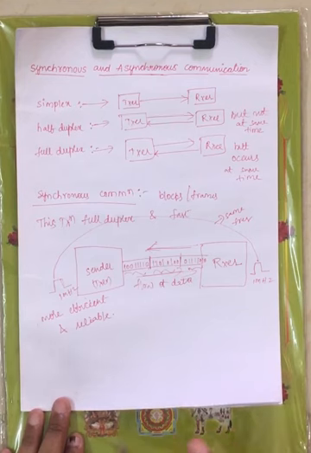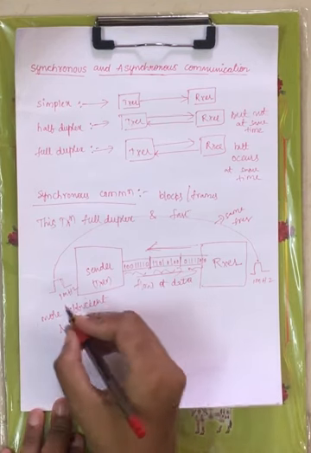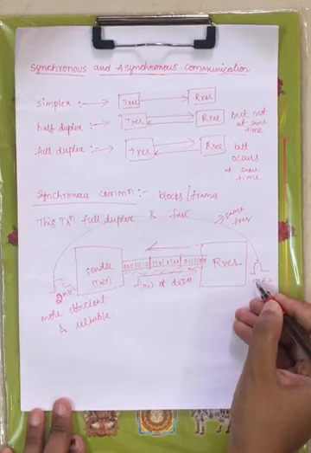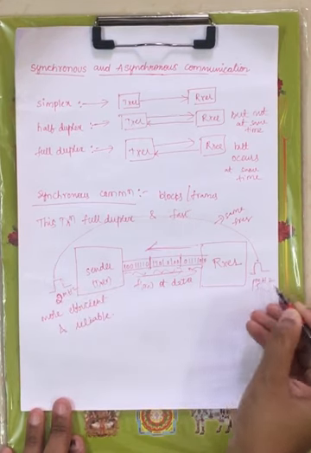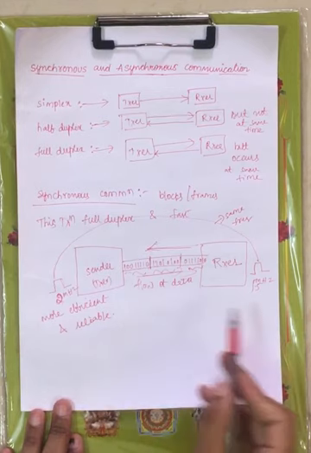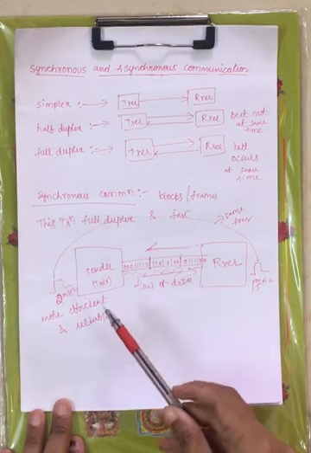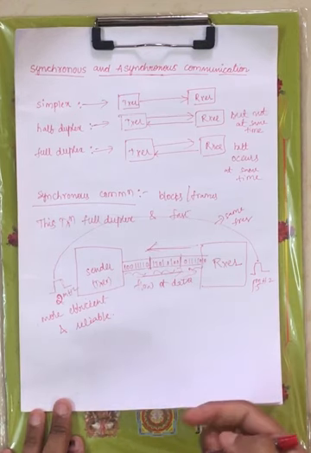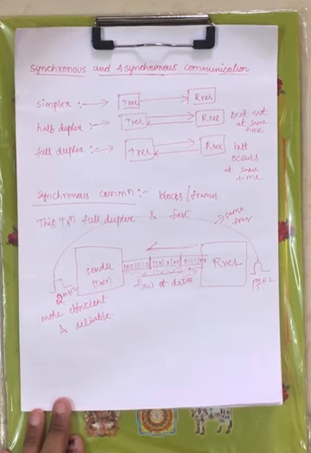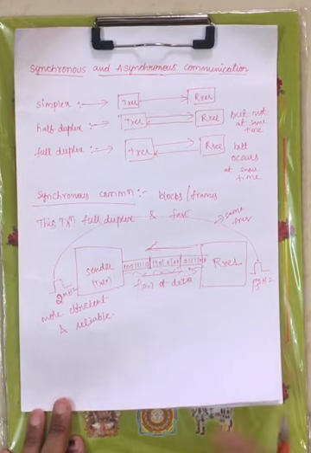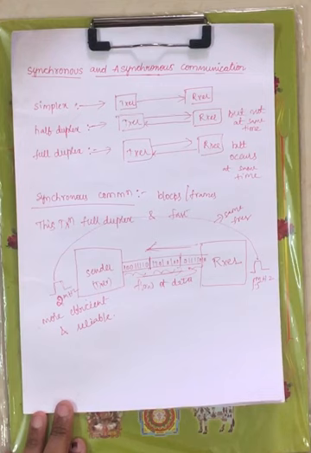Now if you are maintaining different clock frequencies, right? Say the transmitter has a clock frequency of 2 megahertz and the receiver has a clock frequency of 1.5 megahertz. These two are different, right? At that point we will say that transmitter and receiver are under asynchronous communication. If you are maintaining the same clock frequency at your transmitter as well as at your receiver, then we will say they are under synchronous communication.